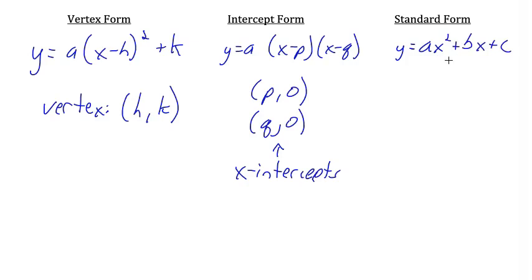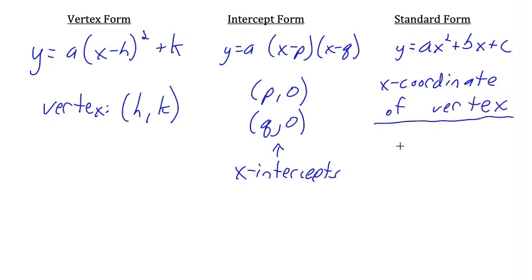Now the best clue we can get from the standard form equation is the x-coordinate of the vertex. And to figure that out, we have a little formula. X equals negative b over 2a. Now that will tell us the x-coordinate of the vertex, and that's a really helpful number to know.